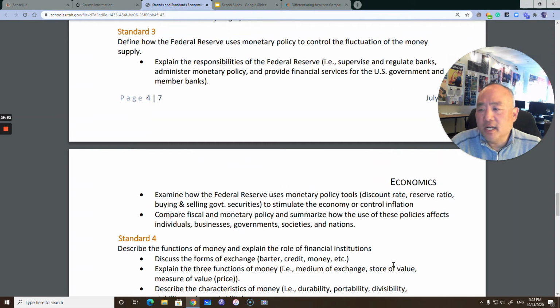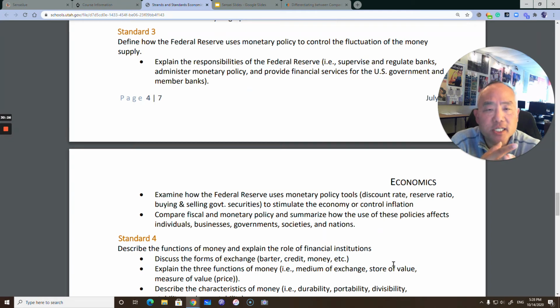The Federal Reserve: you need to understand how the Federal Reserve works and how one of the ways they can manage monetary policy, well, a couple of different ways, is they can expand or contract the money supply based on interest rates. So lower interest rates means more money supply. People are interested in borrowing money. The Fed also manages the sales of Treasury securities, government securities.